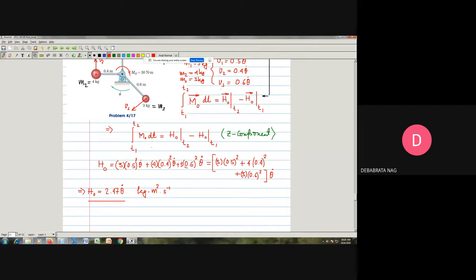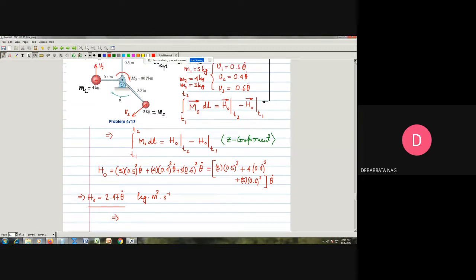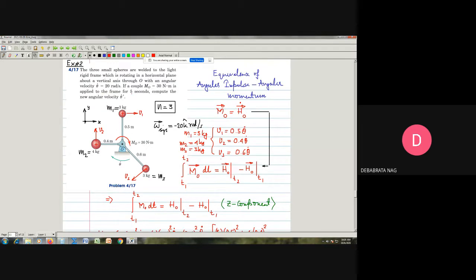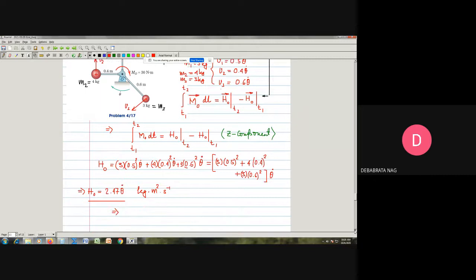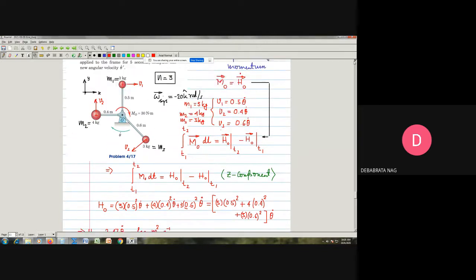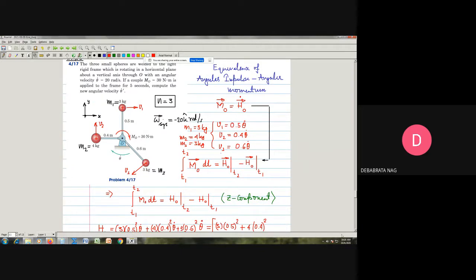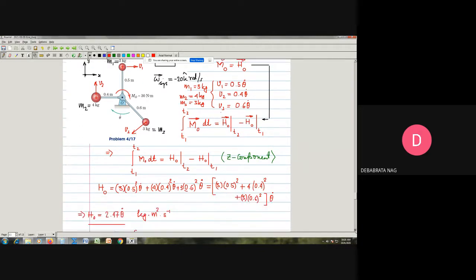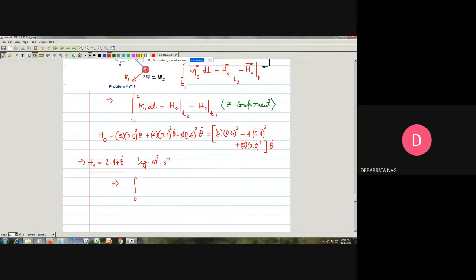So here we can safely write this equation, considering time t1 equal to 0 and t2 equal to the duration of time, that is 5 seconds. So we note that this integration is performed from 0 to 5.